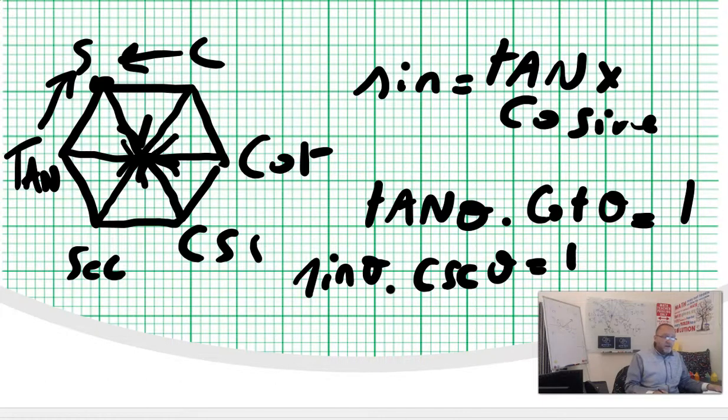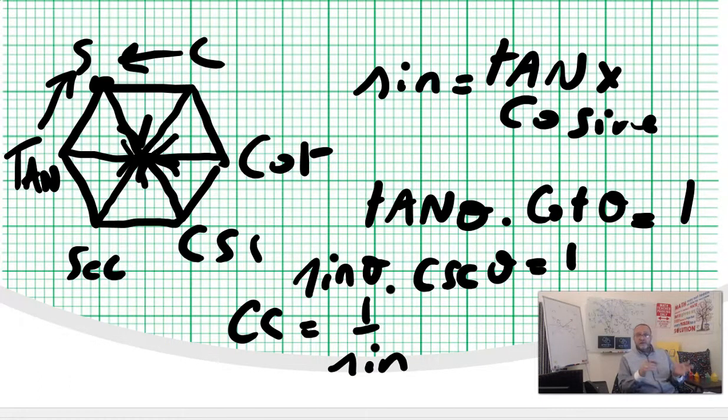And this is how we got our reciprocal identities. Cosecant being 1 divided by sine, or sine being 1 divided by cosecant. And that's why the sine is related to the cosecant, and the cosine is related to the last part, the secant. Okay?